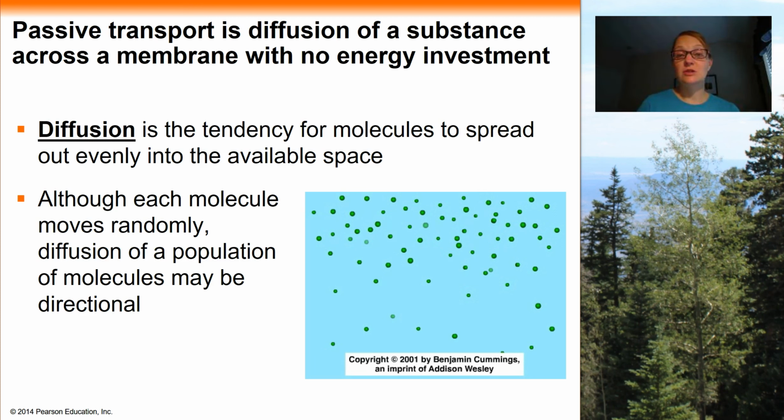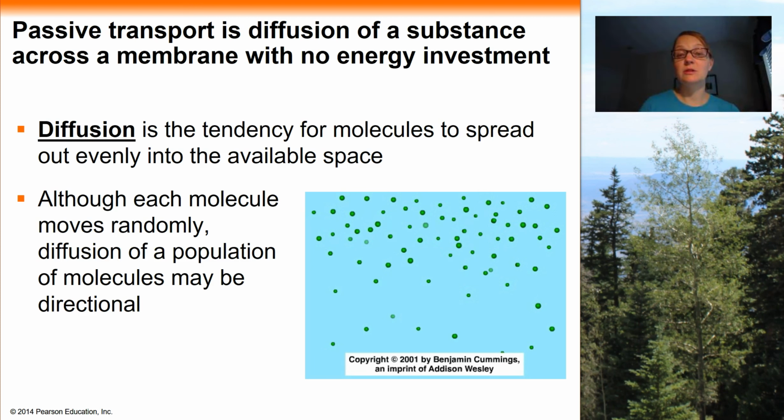Now diffusion in general, not even in the context of a membrane, is defined as the tendency for molecules to spread out evenly into the available space. Right, so in the animation at the bottom there, I'll play it in a second, but you can see that those green spheres are located on one side of the blue box, right? So there's an uneven distribution.